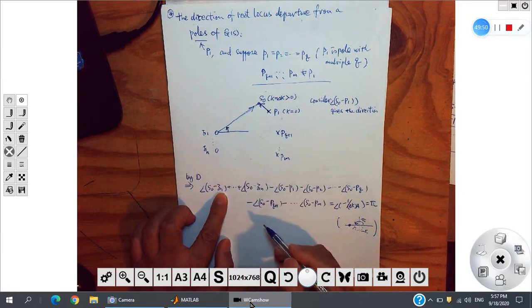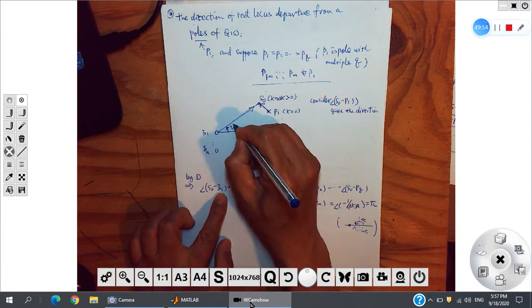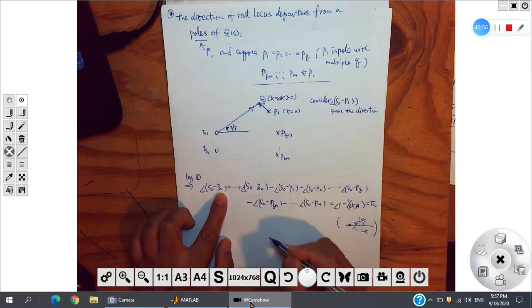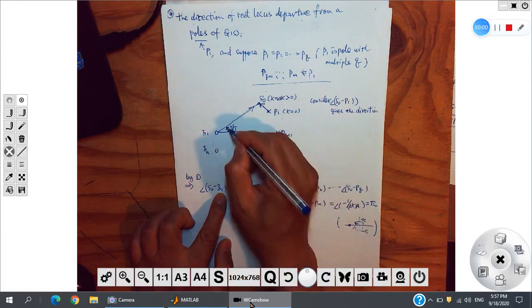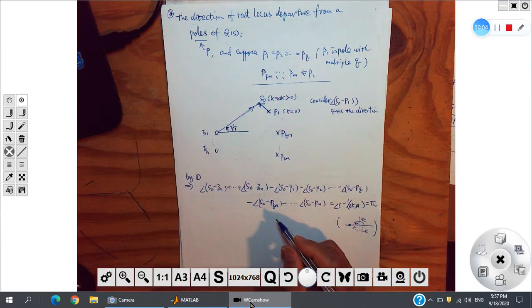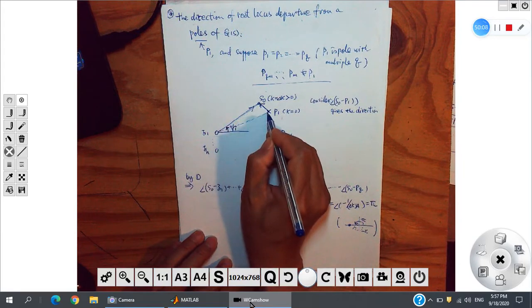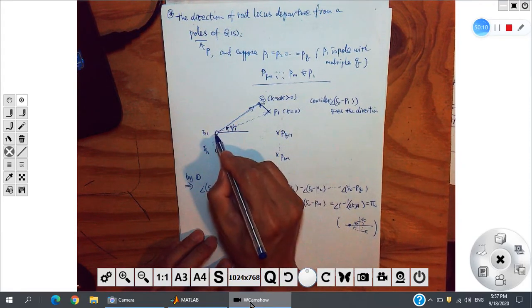I use a notation, phi 1. Actually phi 1 is also this, from Z1 to P1.